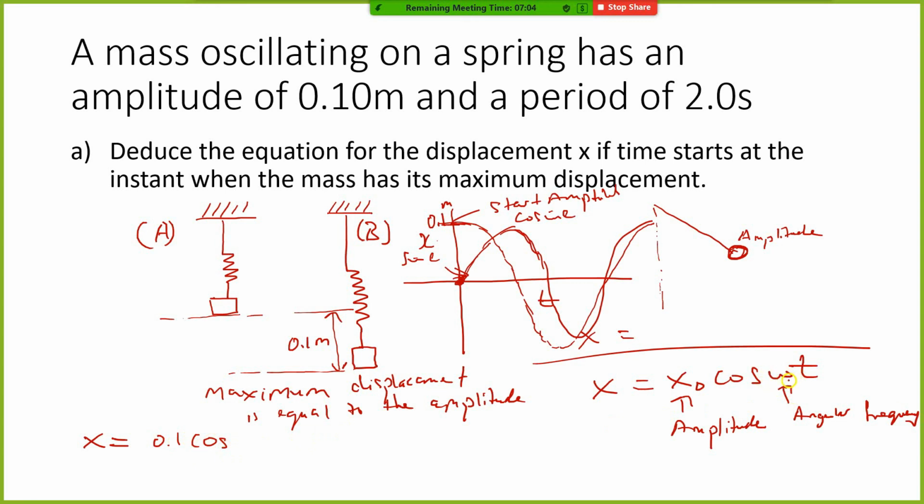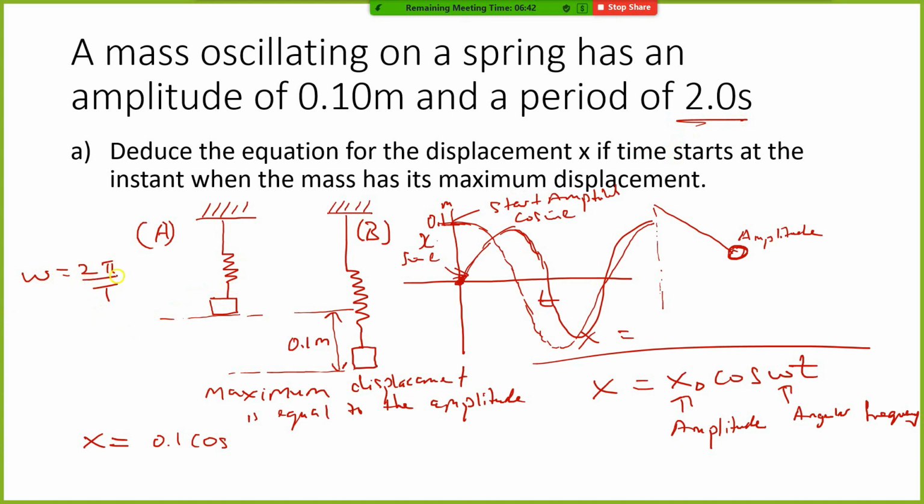I can find omega using this equation. Omega is equal to 2 pi divided by T. The question went ahead to say that the period was 2. I don't need to transpose because I have that information here already.